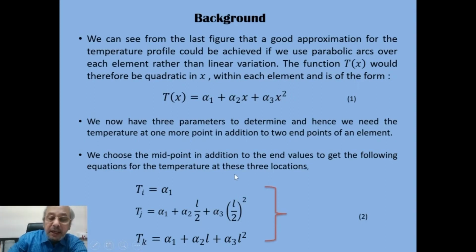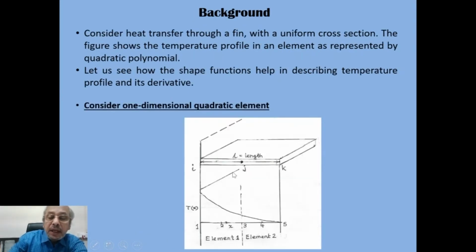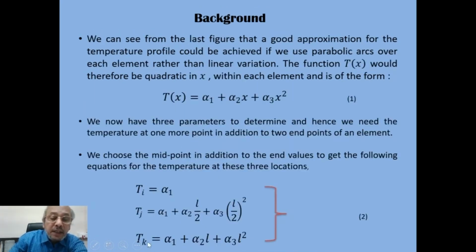And the end point, which is L distance away from x equal to 0, we can say Tk equal to alpha 1 plus alpha 2L plus alpha 3L square. We have to solve these three equations in order to find out alpha 1, alpha 2 and alpha 3.